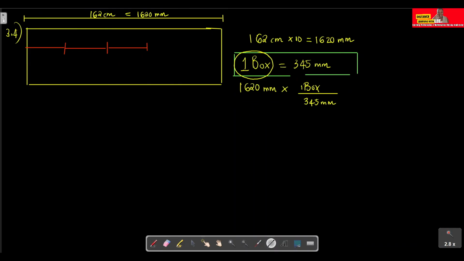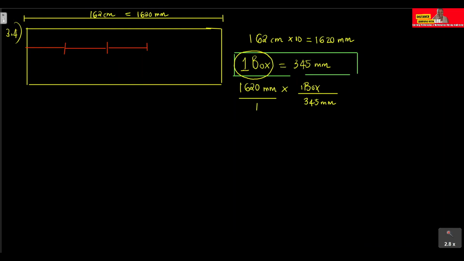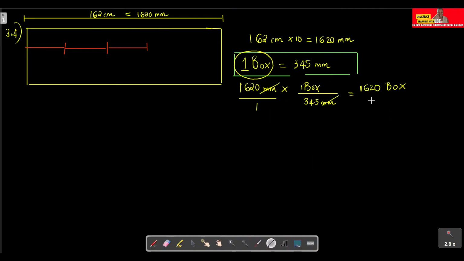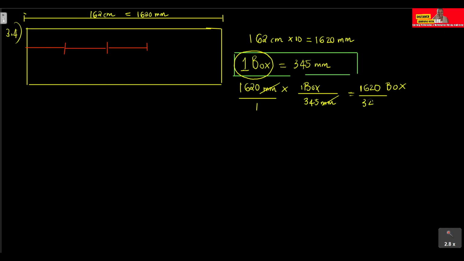If you punch this into your calculator, remember the millimeters cancel. Whatever value we get tells us how many boxes we will be able to fit. So it's 1620 divided by 345.